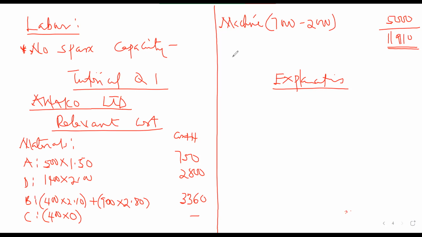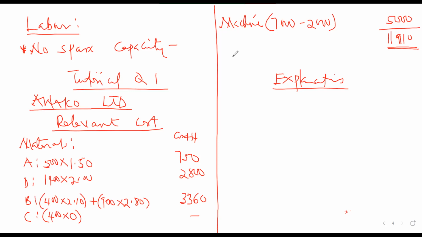But the contract requires 1,300. So you have to purchase the 900 from the market, and the relevant cost will be the cost of you purchasing the material. If there is any transportation cost or any delivery cost, it will be added to the cost of you buying it, because that is the total cost that you are going to incur to buy the material.